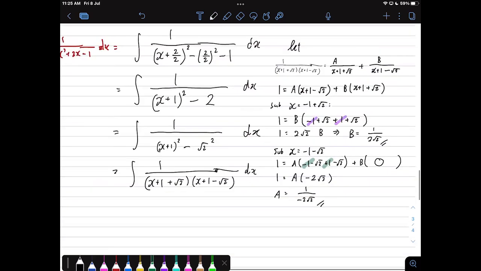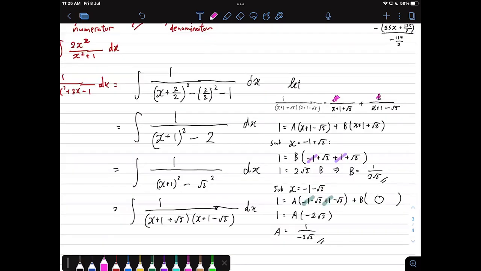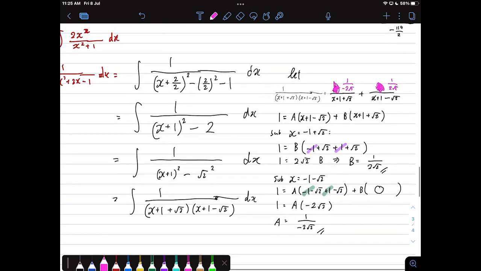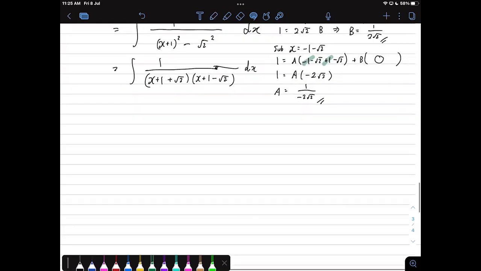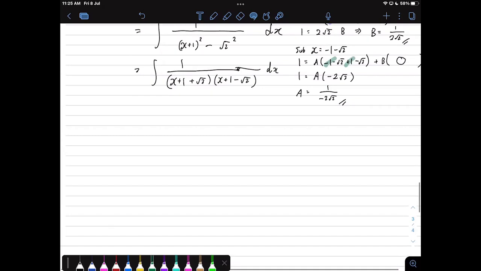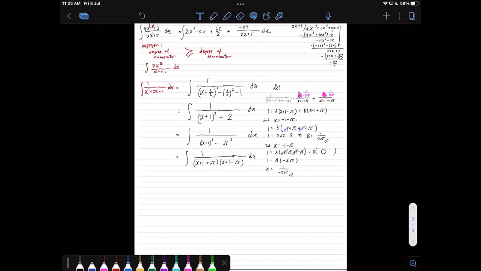Okay, good. Then we can just sub in. Then now we can integrate them. So copy. Sorry. Okay. What is happening? Did I not copy it?